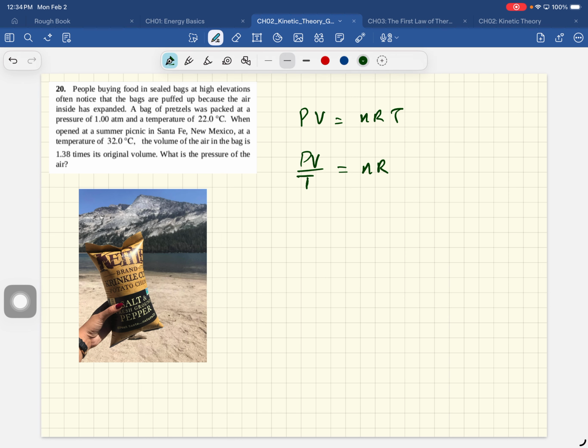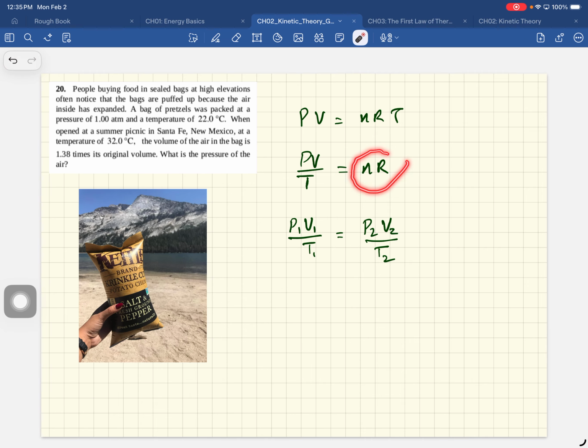So the combination P1 V1 over T1 will equal P2 V2 over T2. As long as you don't change the number of molecules of gas, the pressure, volume, and temperature in one configuration, this ratio will equal that ratio.